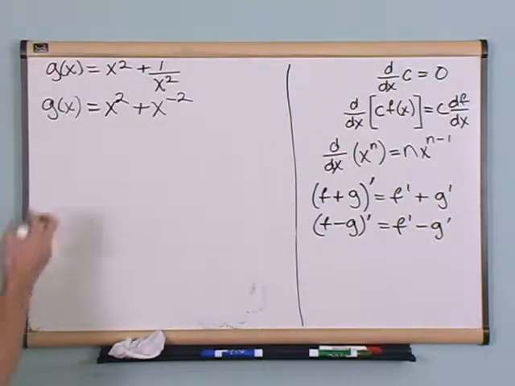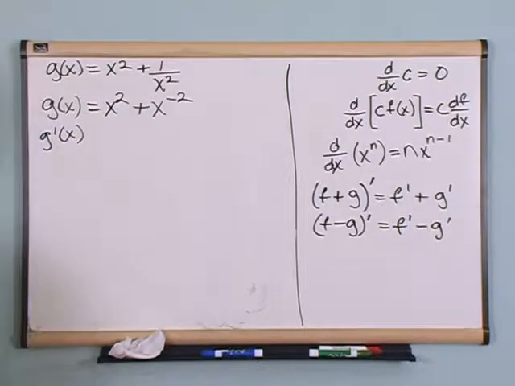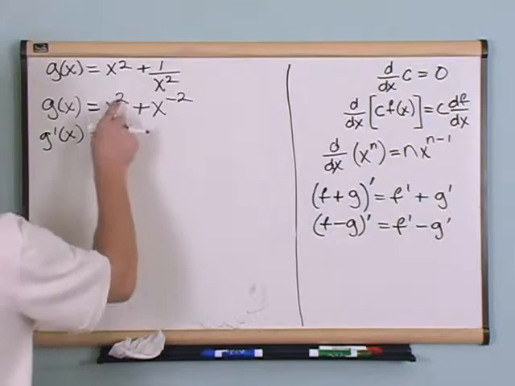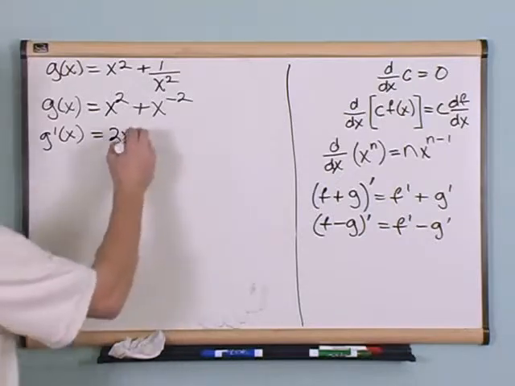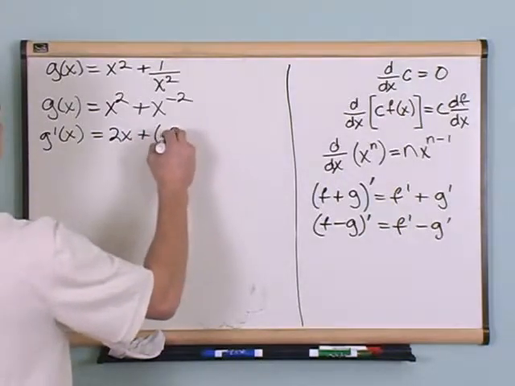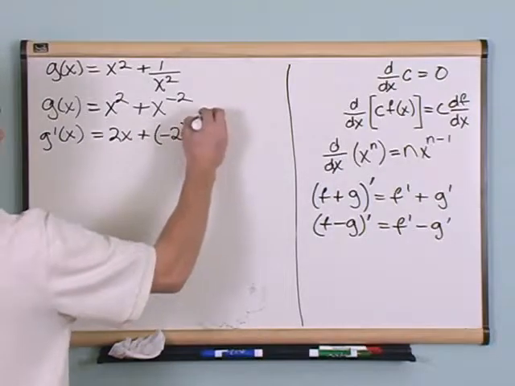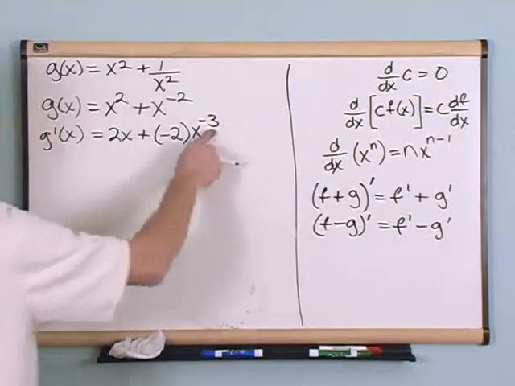Okay? So in order to find g prime of x, the derivative of g of x, what you would have is, for here, 2x, 2 comes down, x raised to the 2 minus 1 power gives me this, plus minus 2 comes out of the exponent times x to the minus 3, because minus 2 minus 1 gives me minus 3.